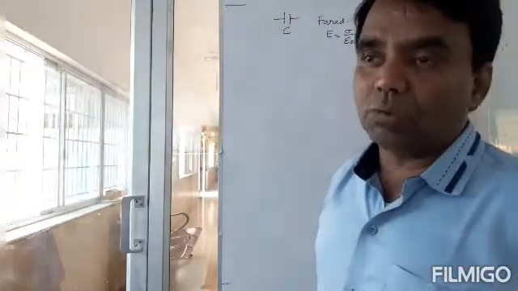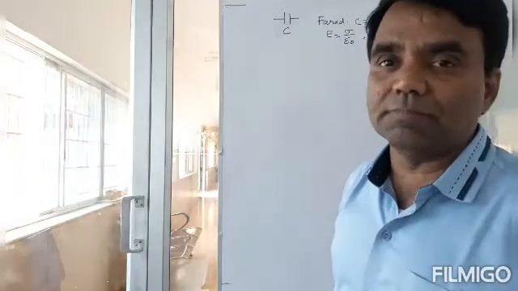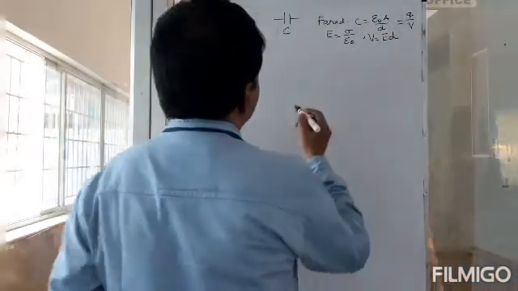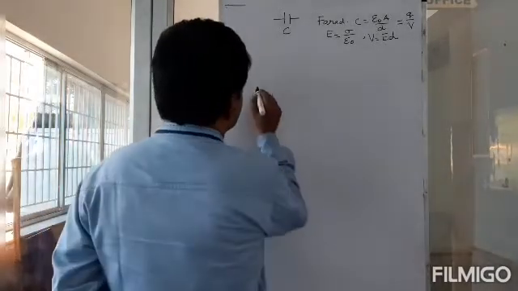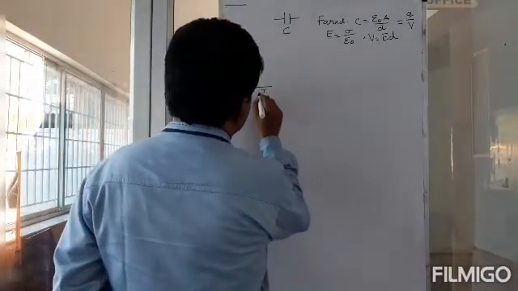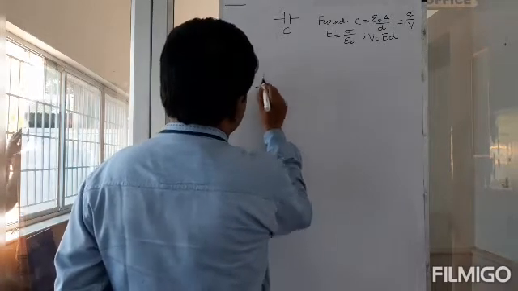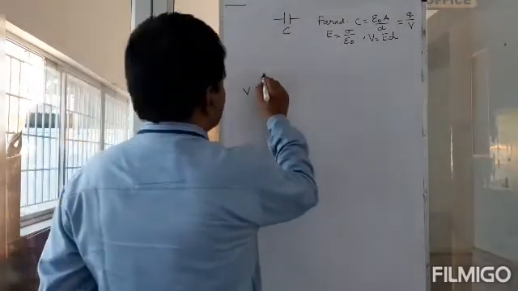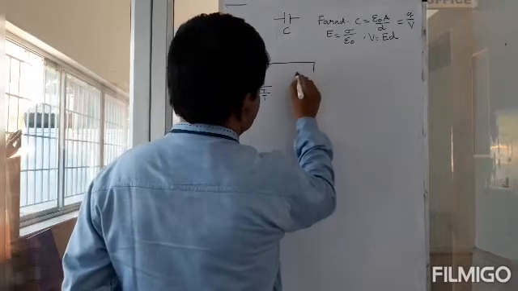What we are going to do now is take capacitors and connect them in series. Let's say I have a battery which gives me a voltage V, and I will connect this to a capacitor here.